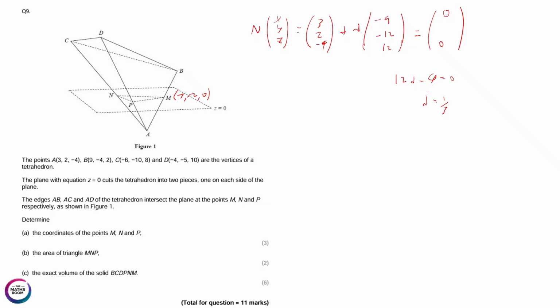So that's definitely going to be 0. Now, a third of minus 12 is minus 4. 2 minus 4 is minus 2. So I get N to be 0, minus 2, 0. Let's write it like that, I think it's clearer.